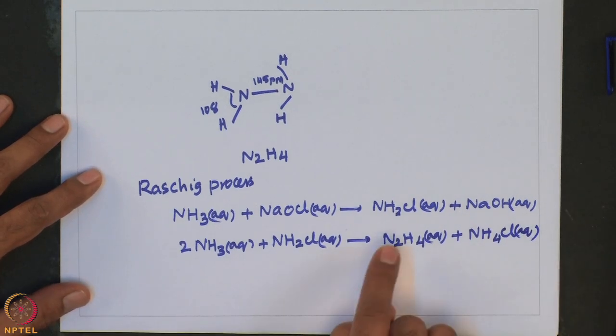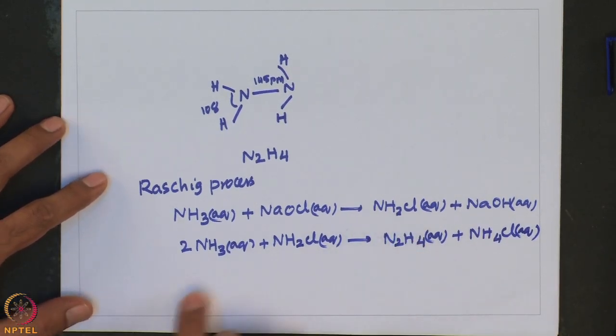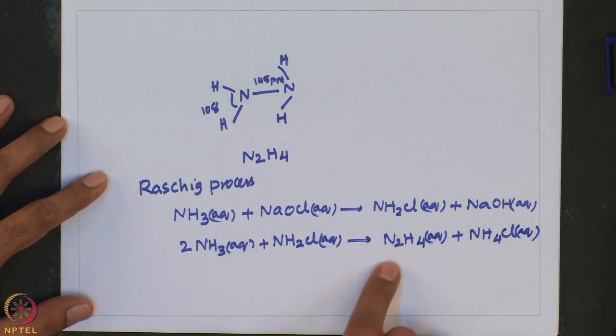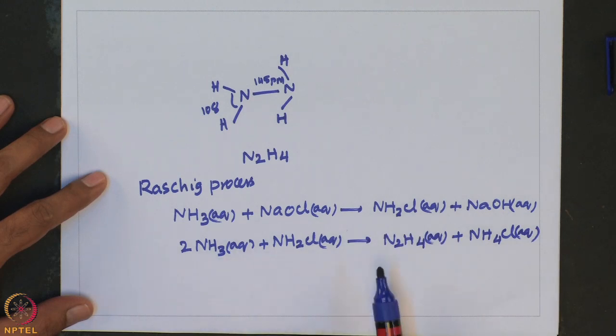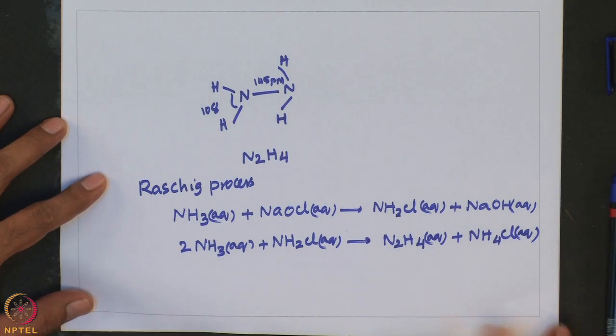So, here NH2Cl reacts further with ammonia to form N2H4 through the formation of ammonium chloride. Of course, here we are using 2 equivalents of ammonia to extract one HCl in the form of ammonium chloride. There is a competing side reaction that is catalyzed by d metal ions.